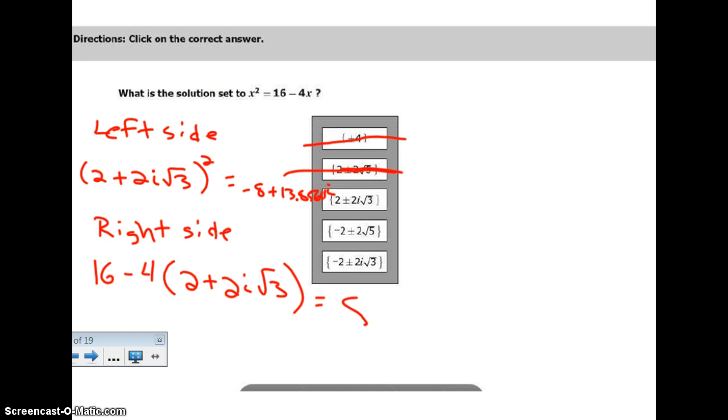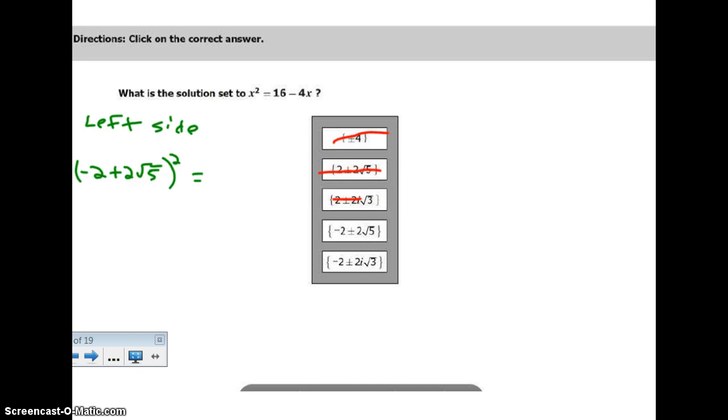This time you get 8 minus 13.856, and then a few more numbers and it ends in i. So these are very close, but are they the same? No, they're not. We need the exact same thing. So we can cross that off our list, and let's try the next answer choice.